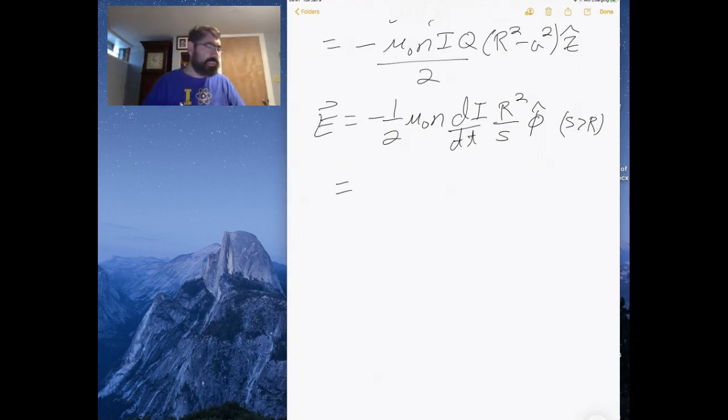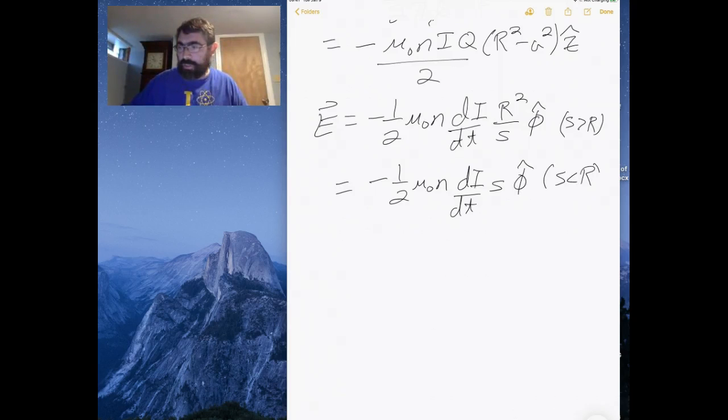And if we want to consider the region inside the solenoid, then I would get minus 1/2 mu 0 n di dt s in the phi direction. So that's inside the solenoid. So I have an electric field on the outside of the solenoid, I have an electric field on the inside of the solenoid.